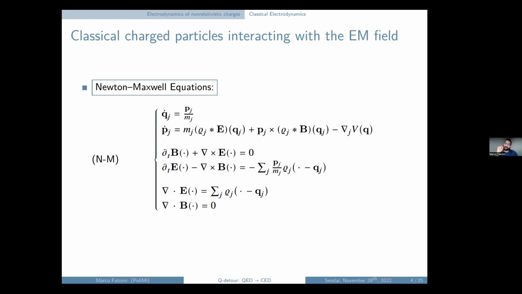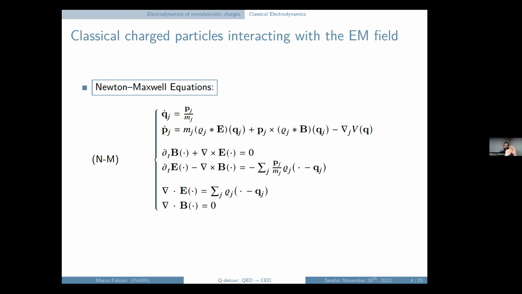Center of mass. So this is an approximation, not unavoidable, but to make the equations treatable mathematically it's very natural. So yes, you are perfectly right. The charge is distributed in an extended way, but there is an approximation for which this charge distribution is attached rigidly to the center of mass of the particle.